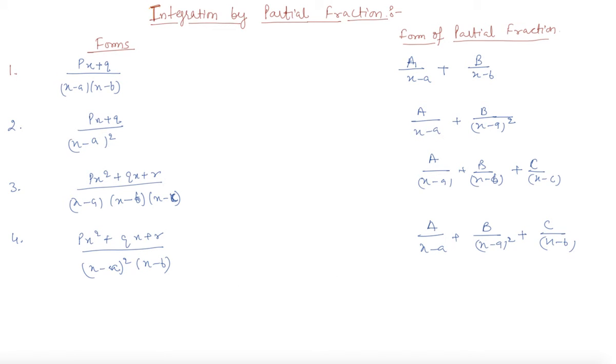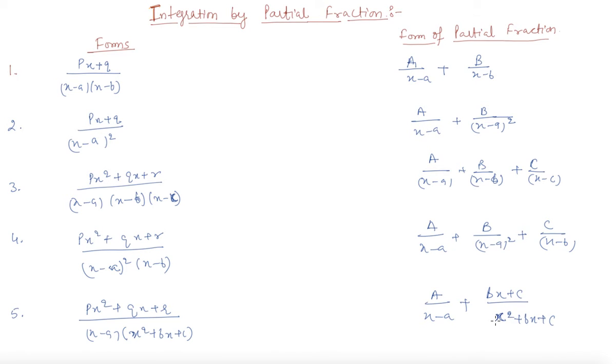Okay, and last but not the least, we have px square plus qx plus r in the numerator, which is a quadratic, but in the denominator there is one more quadratic of this form. So we need to convert this into Bx plus C over x square plus bx plus c.